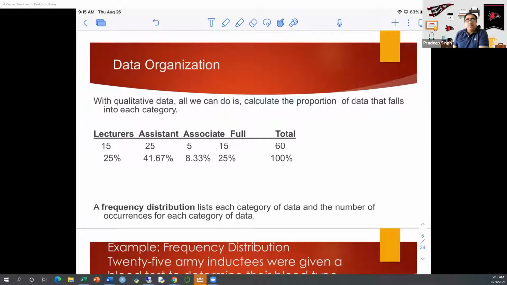There are 60 of them. And then we categorize them: 15 of them are lecturers, 25 are assistant professors, 5 are associate professors, and 15 are full professors. And when you draw that, this is your frequency distribution.